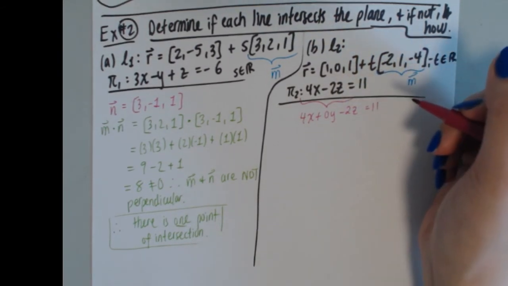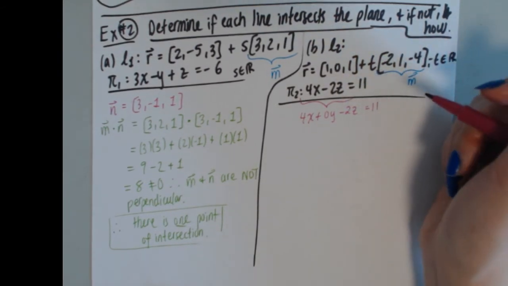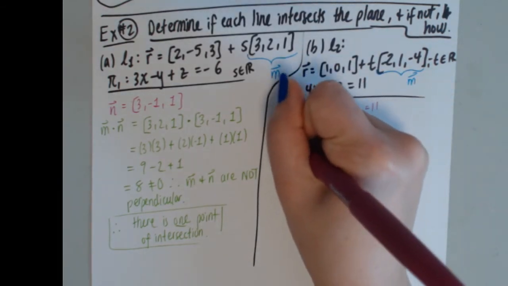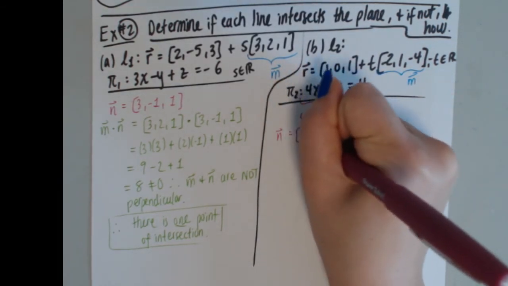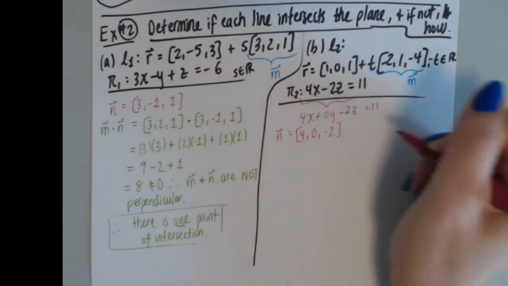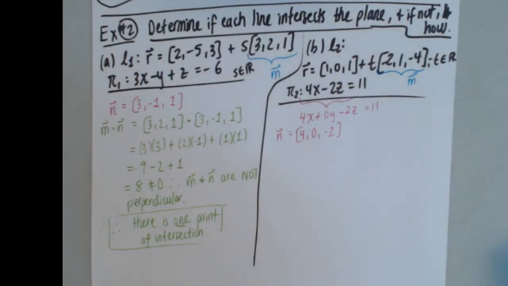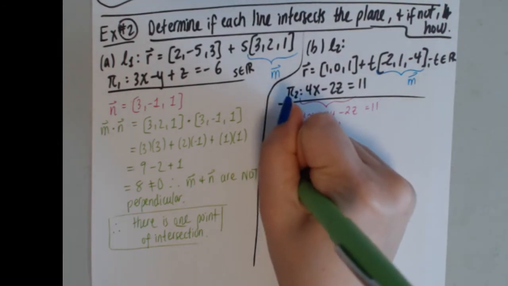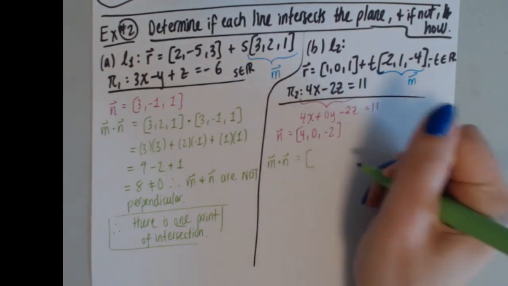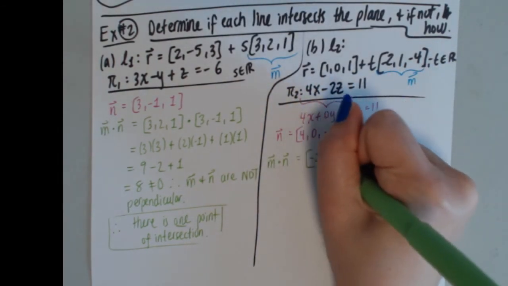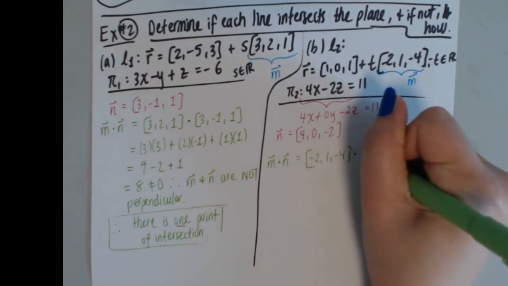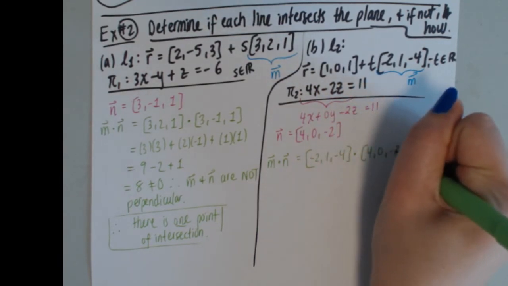Remember, you don't need all of the coefficients there to have a plane. So my normal vector is (4, 0, -2). There are my two vectors. Let's take their dot product. So m dot n, we have (-2, 1, -4) dotted with (4, 0, -2).